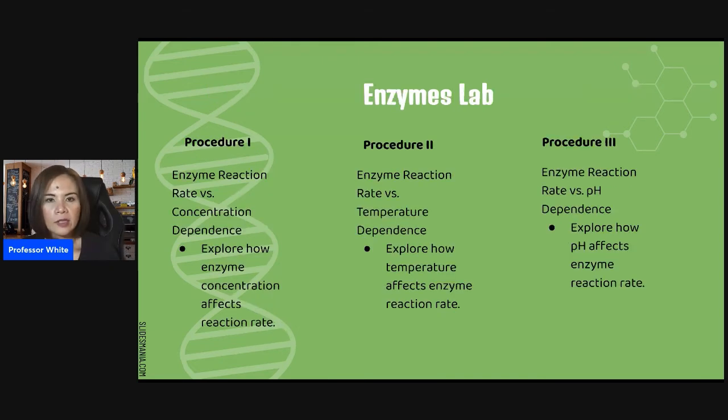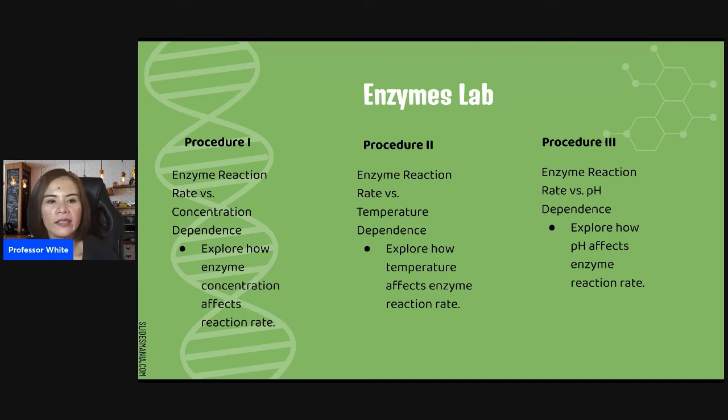So for the enzymes lab, there'll be three procedures. The first procedure will be about enzyme reaction rates versus concentration dependence. This is when you will explore how the enzyme concentration affects the reaction rate. That's your procedure one.